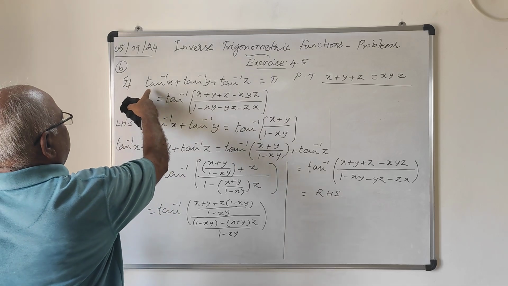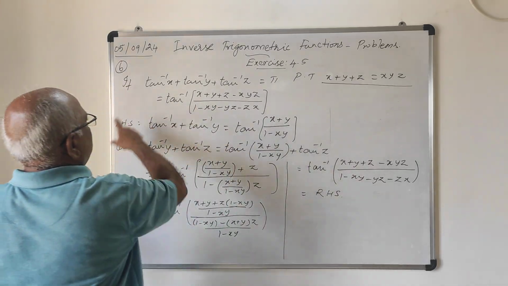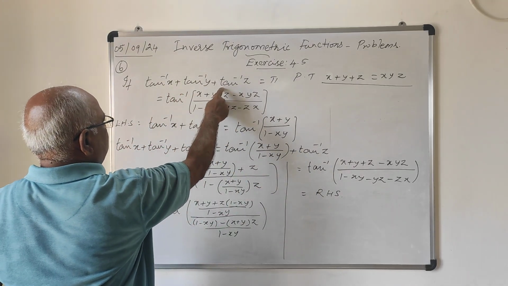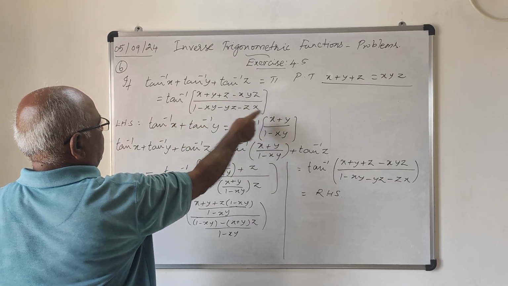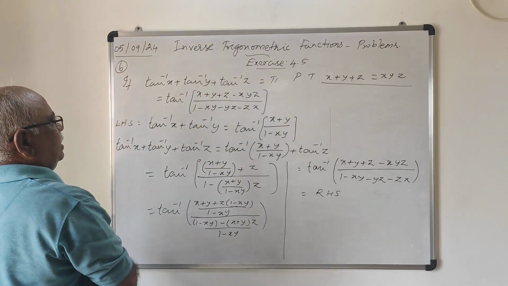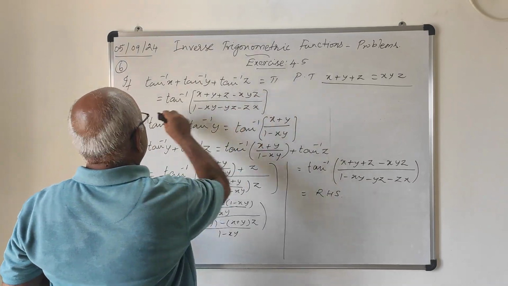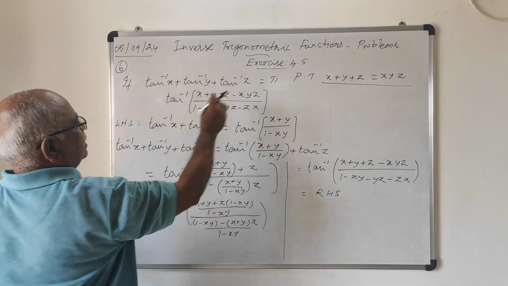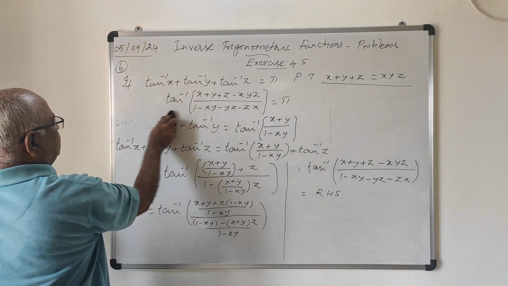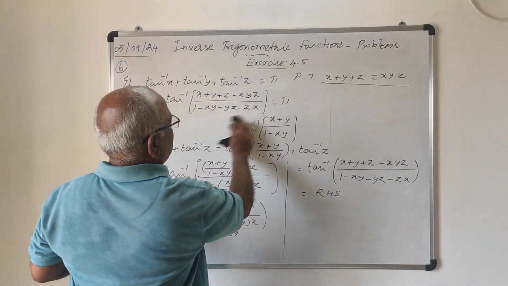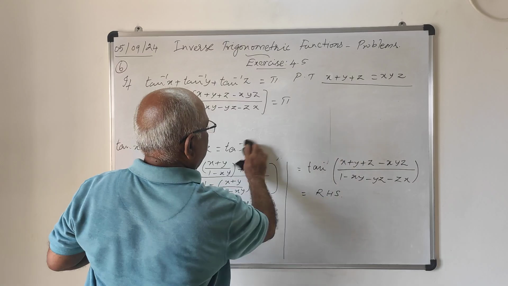So, you know that this is the result: tan inverse of x plus tan inverse of y plus tan inverse of z is tan inverse of (x plus y plus z minus xyz) by (1 minus xy minus yz minus zx). This is the right hand side answer. But in the problem it is given as pi.